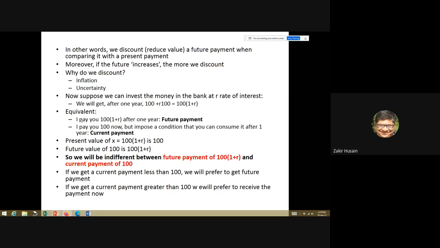So if I pay you 100 rupees now, you could have invested this and got, after 1 year, 100 into 1 plus R. So if I want to make you an equivalent payment in the future, so that you're indifferent, how much should I pay you? I should pay you 100 into 1 plus R.